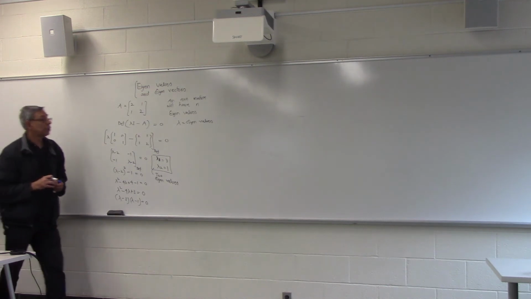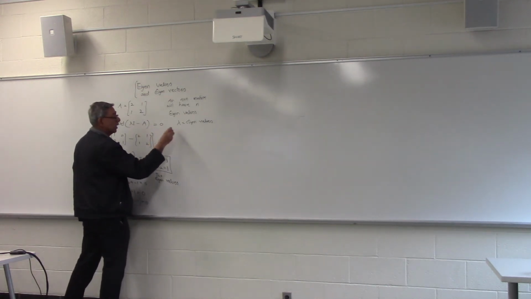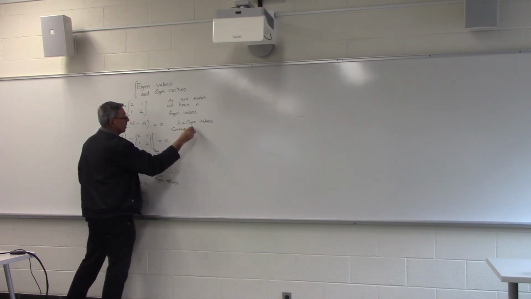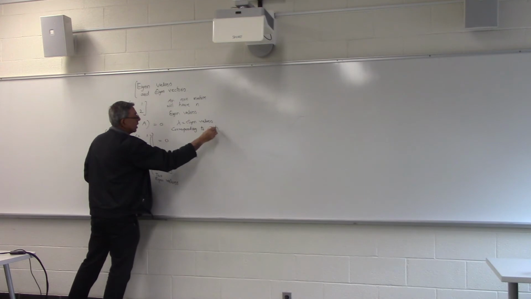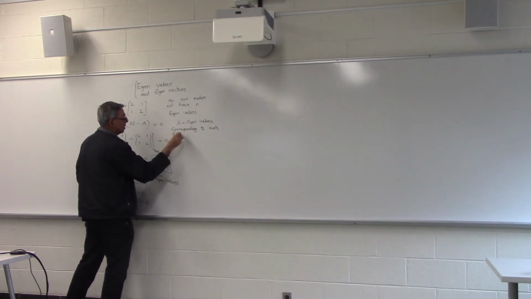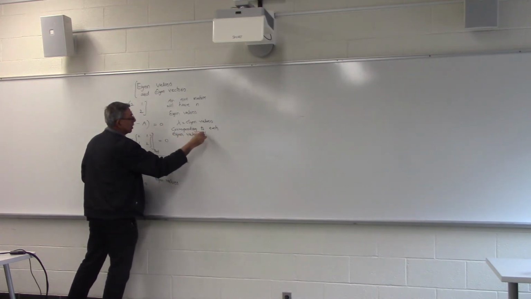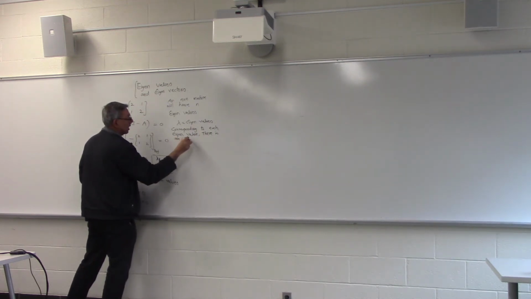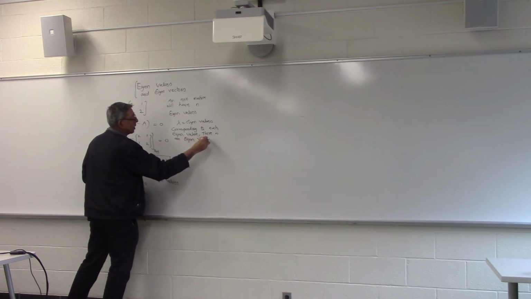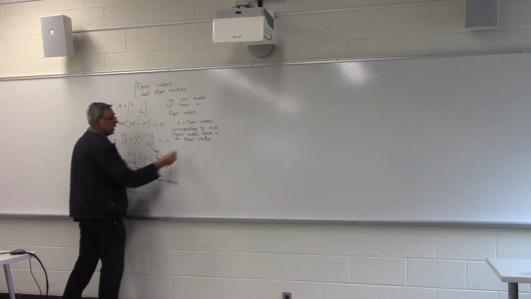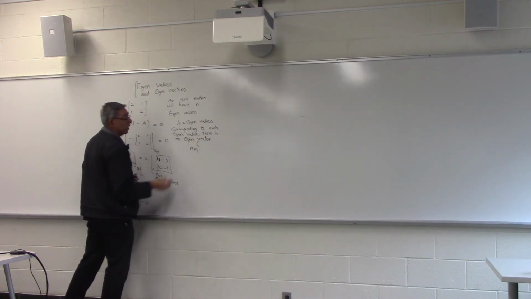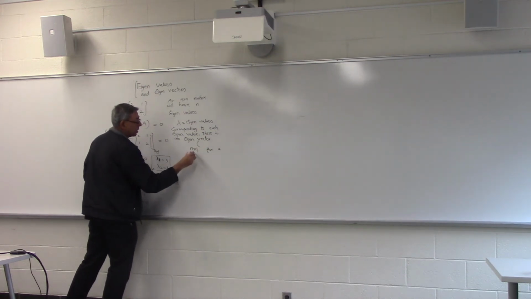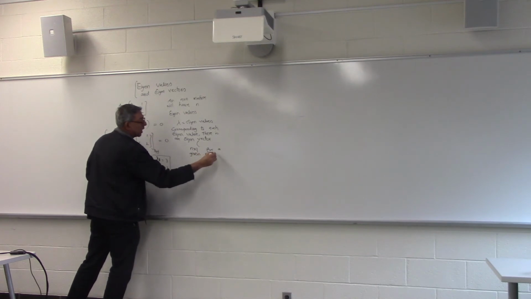Then the next concept: corresponding to each eigenvalue, there's an eigenvector. The eigenvector will have a dimension n by 1 for a given n by n matrix.